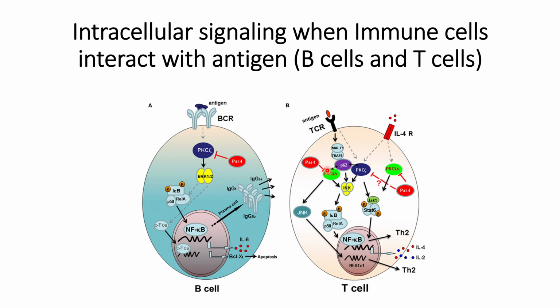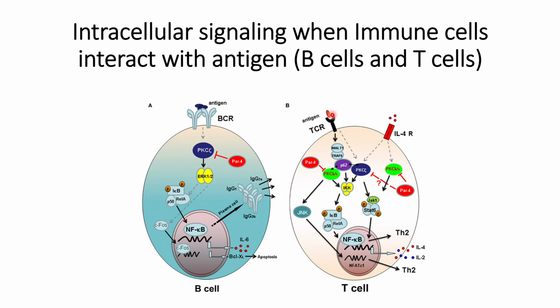And apart from PKC lambda/iota and PKC zeta, another pathway is also triggered: MALT1 and TRAF6 complex formation occurs, and that interacts with p62, which helps in the enhancement or activation of the IKK pathway.